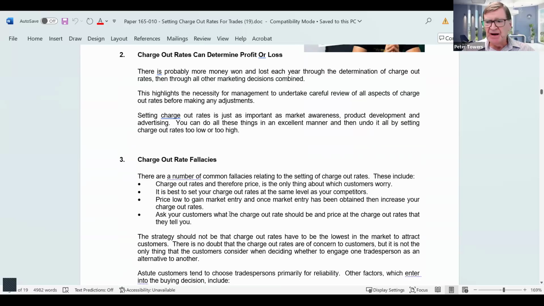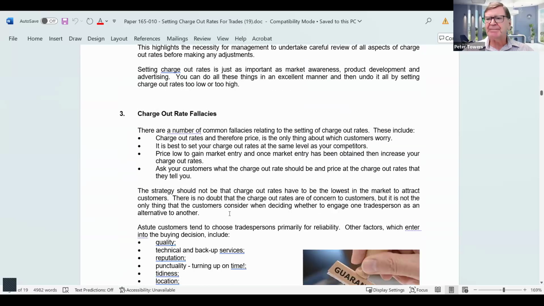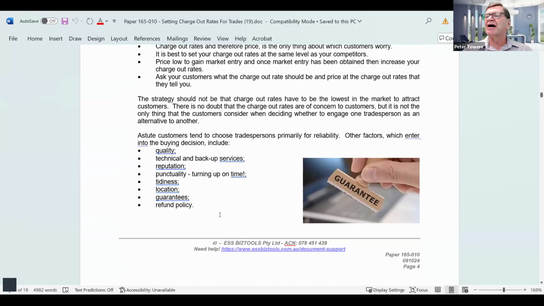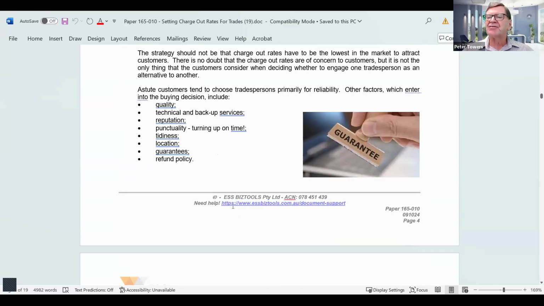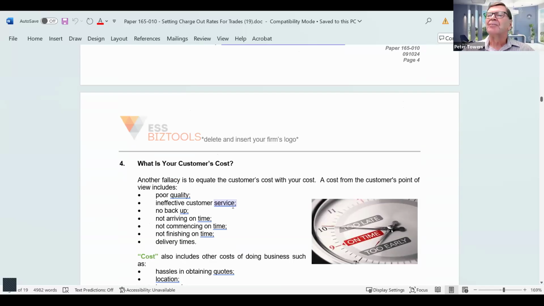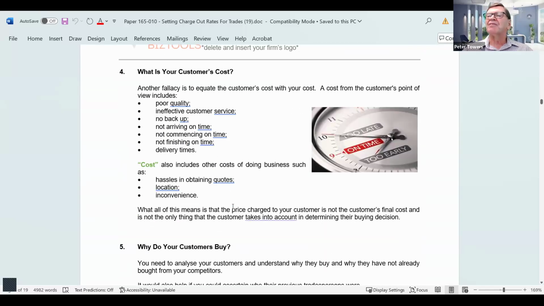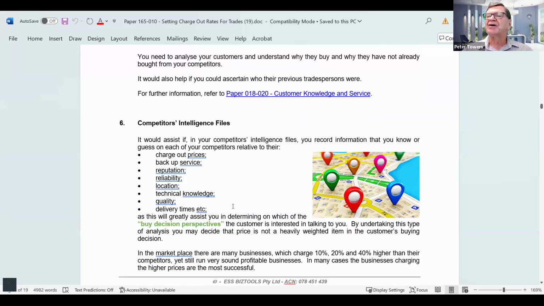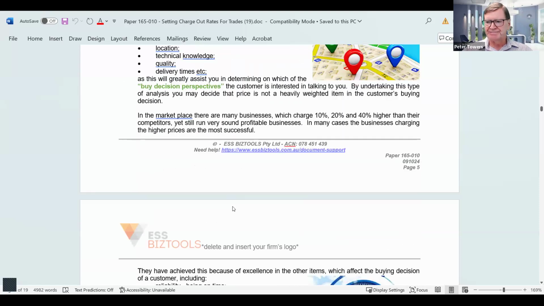And this paper has been prepared so you can distribute this to a client. You badge it with your name and you send it to your client. I'm not going to go through this at this stage. This is available for you, and you can read it and decide whether you're going to send it to your clients.